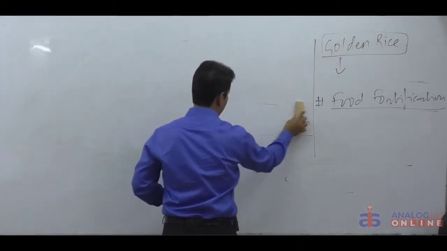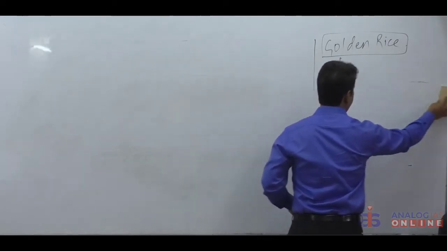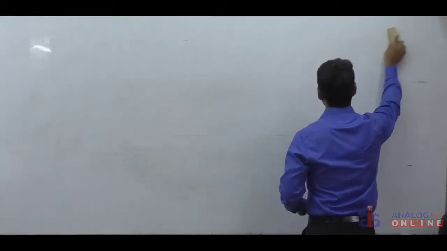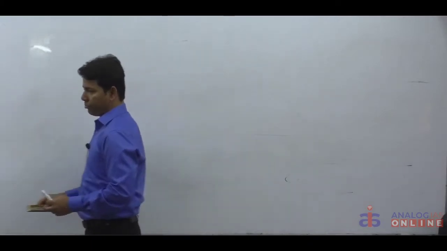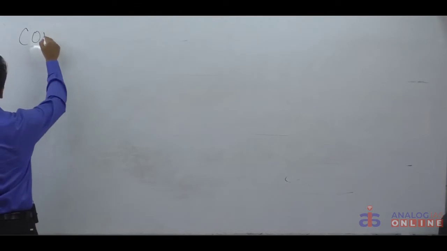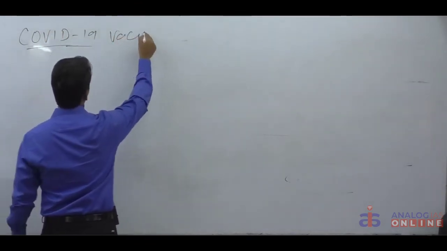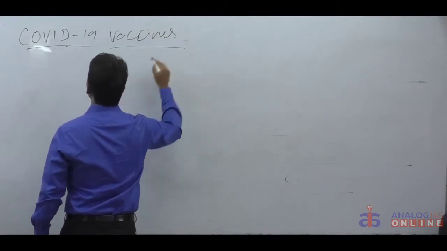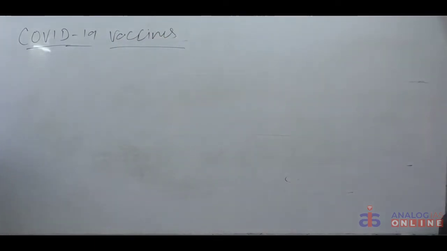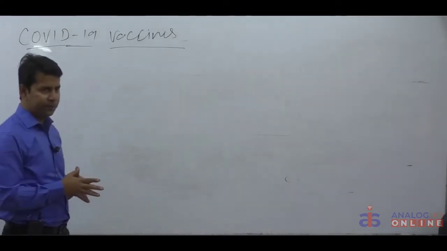Now if you move further, there is one topic which is very important these days, and that is in relation to this COVID only, that is COVID-19 vaccines. Because last year they have asked about the COVID virus, right?